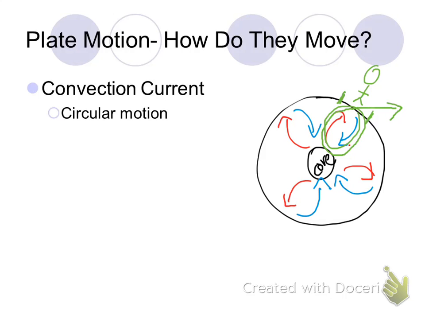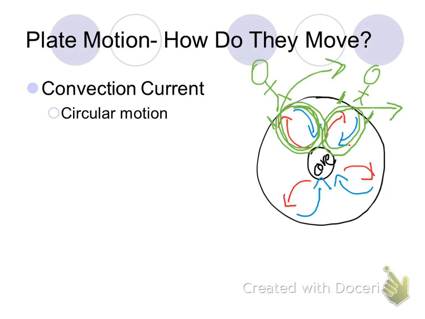Now, if Ashley is standing on this plate over here, which way is she going to go? Point the direction. I want everybody looking up there. You'll notice that she's also going to go towards the door.